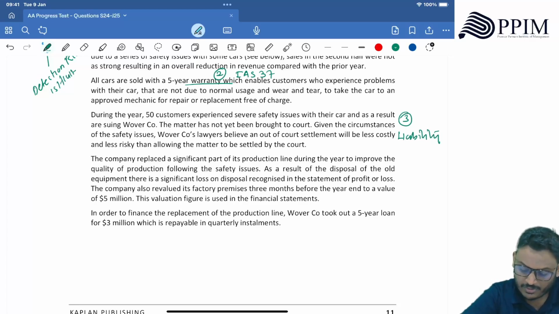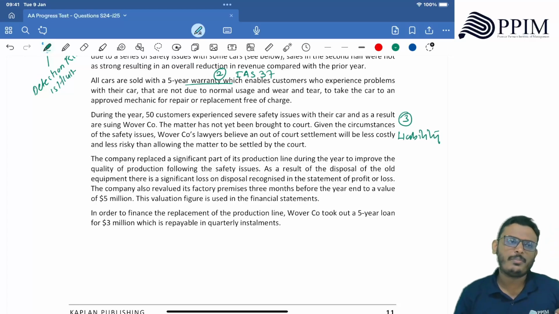The company also revalued factory premises 3 months before the year end, 5 million, the valuation figure used in the financial statements. So when we are talking about this revaluation 3 months ago, there is a possibility the premises could be overstated, because the revaluation should be in line with IAS 16 Property, Plant and Equipment.